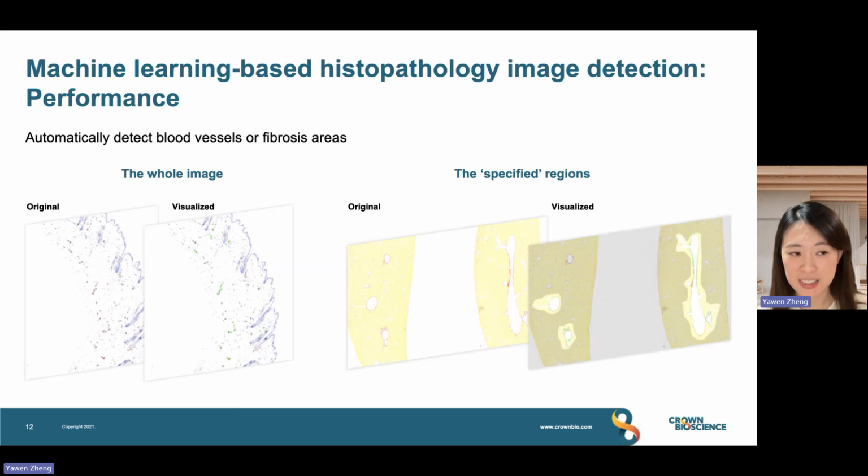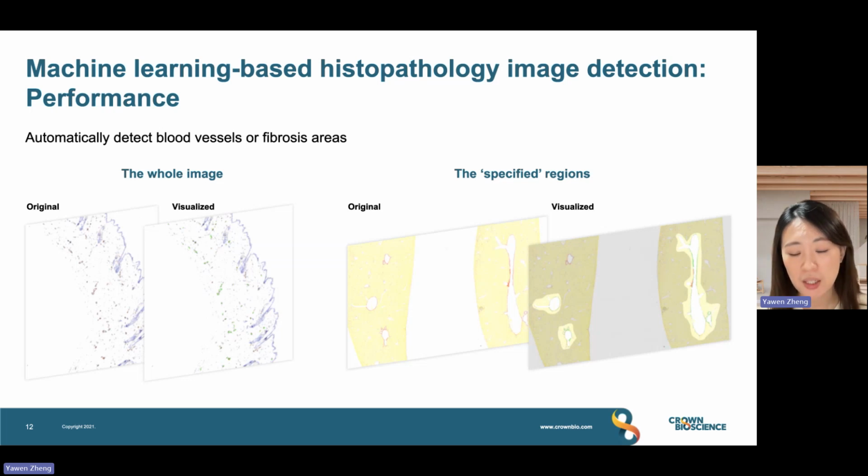And besides the segmentation and modification sections, we have another section. This section can automatically detect blood vessels and fibrosis areas. If we post the original image into our platform, the platform can give the visualized results. And in the visualized images, all pixels that belong to the blood vessels are marked by the green color.